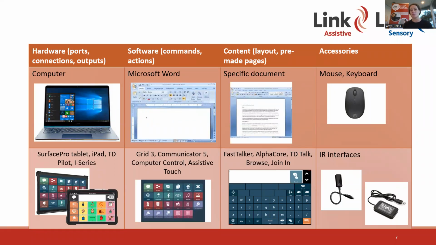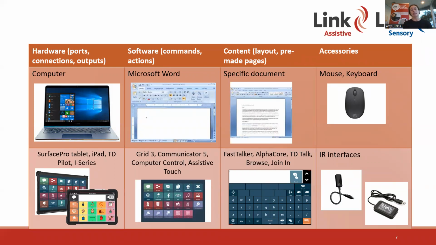That might be the Surface Pro, it might be an iPad, it might be the TD Pilot or the i13. It's the shell, it's the actual computer, similar to your laptop or your iPad. So we've got to think about the hardware and what ports, connections, outputs, inputs that particular piece of hardware has. So that's one thing we'll be talking about today.